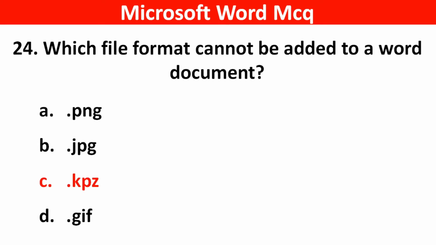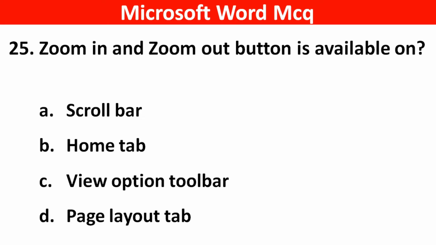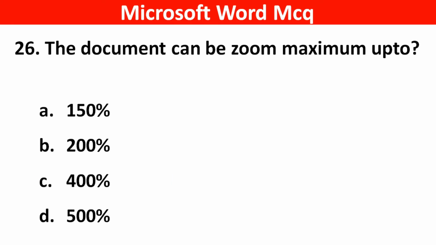Right answer is option C. Next question, zoom in and zoom out buttons are available on dash dash. Right answer is option C, View options toolbar. Next question, the document can be zoomed maximum up to dash dash. Right answer is option D, 500%.